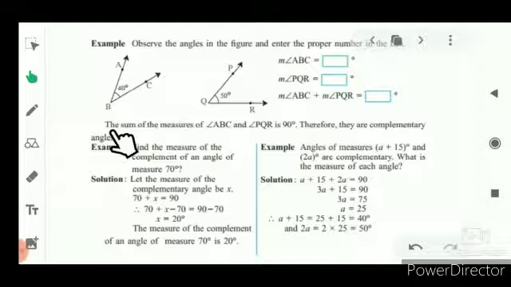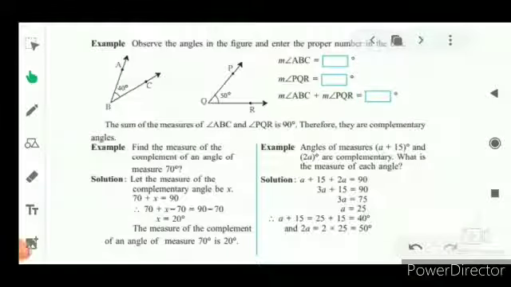Measurement of angle ABC is 40 degree and measurement of angle PQR is 50 degree. Then the sum is 90 degree. It means that the angle ABC and angle PQR are the complementary angles.